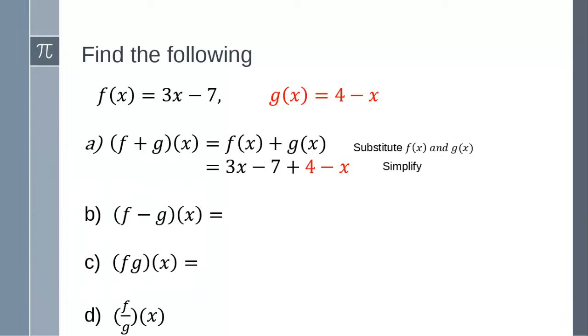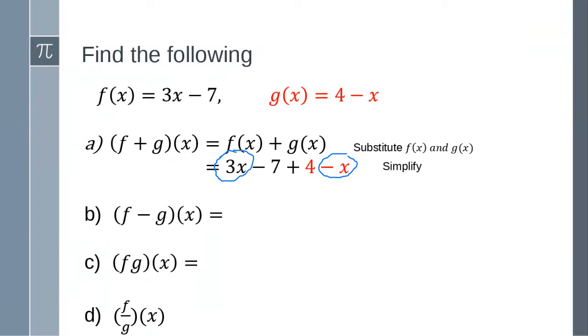Okay, so my function f of x is just 3x minus 7. My function g is 4 minus x. So to simplify, again, we are going to combine like terms. So here I have a term that has an x, and I have here a term that has an x, but it has a symbol of a negative in front of it. So we're going to combine these two terms.